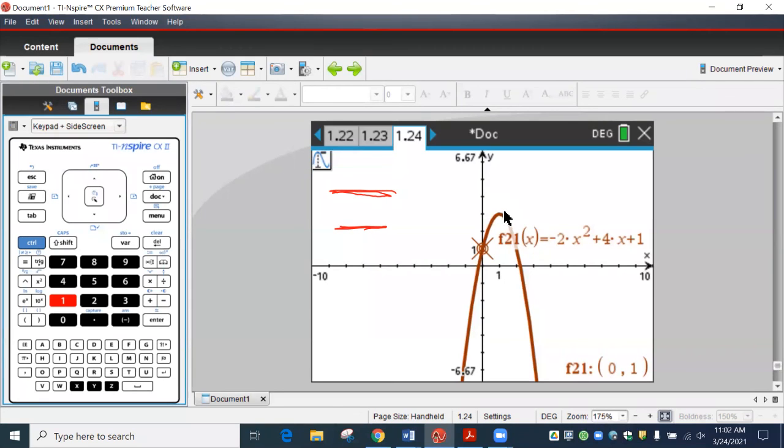Y'all are getting really good at knowing you go to the y-axis right here. So it'd probably be easiest to look at that and say that's 1, 2, 3 right there. But if you go up to the top, this is why kids choose C as their answer. But remember, we only want the y coordinate, just that 3 right there. So that's the one that kids tend to miss.